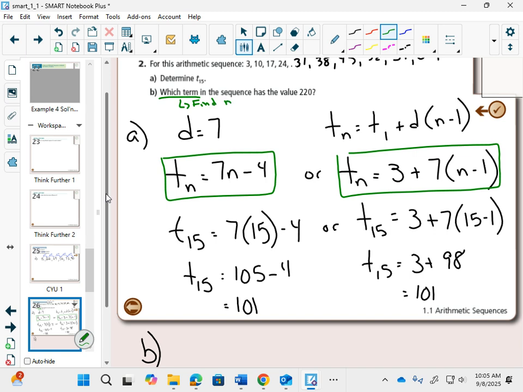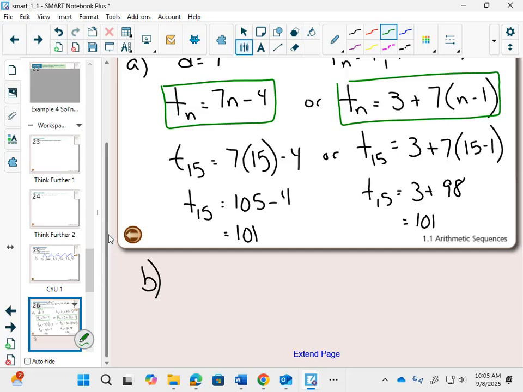One of the things about these questions that you're going to develop is reading the questions and understanding what it is that they want to find. If I find n, and n is 32, then I know it's term 32. That's the one I want to find. So I take my formula, and it doesn't matter which one I use. I'm going to just take the shortcut one because it's already simplified. So here's my formula.